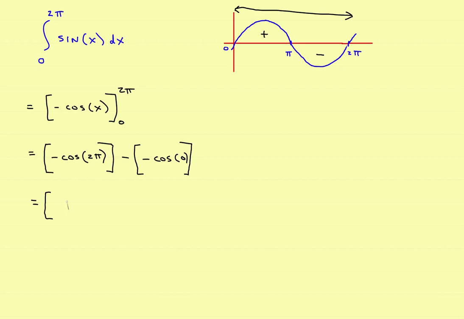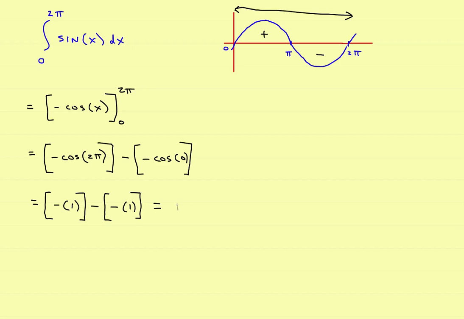Well, the cosine of 2 pi is 1, so this will turn into a negative 1, minus the negative of the cosine of 0, which is also 1. So it gives you this.